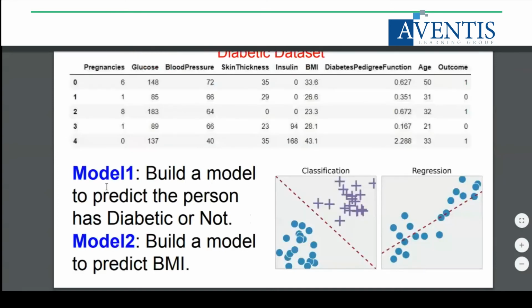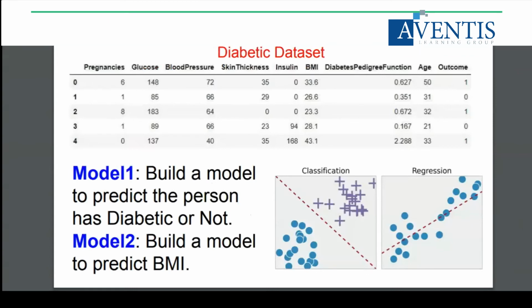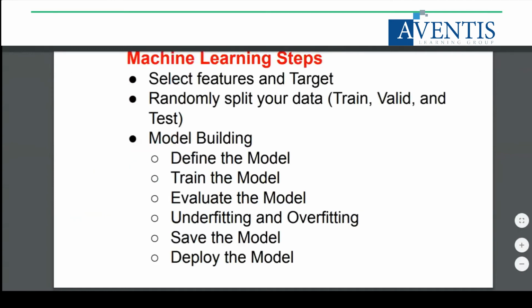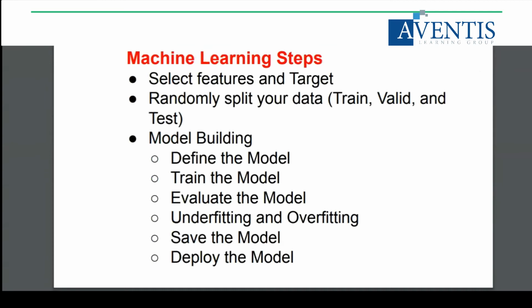For example, in this first one, where you want to predict the diabetes, this is our target. All these parameters are basically our input. For the second model, this is our target, and for the second model, this outcome is also an input. So based on our question, what kind of model we want to build, we select the features and target.